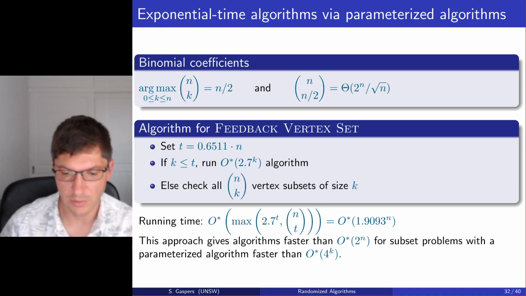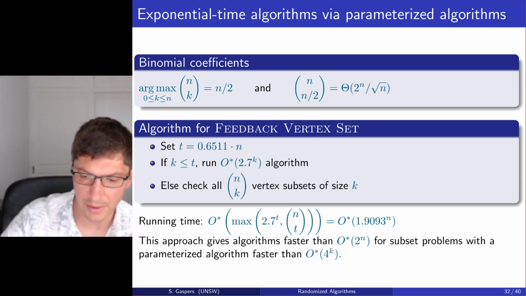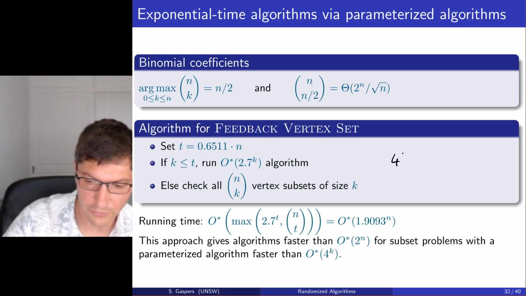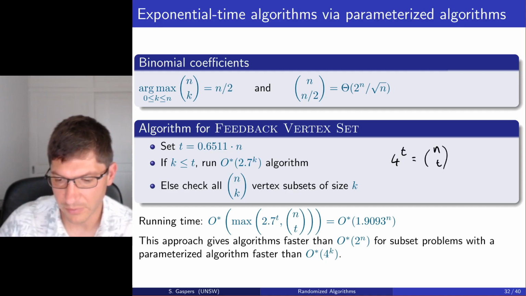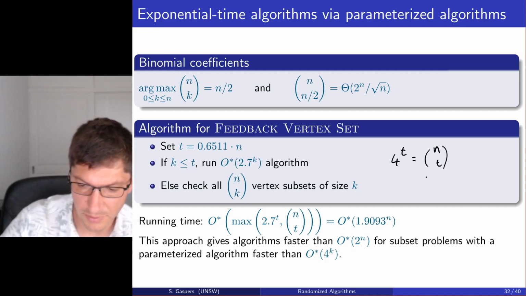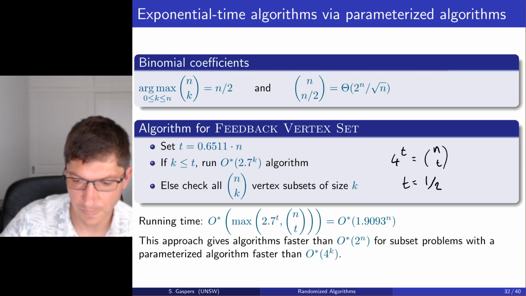Because indeed, once we are at 4 to the power k, we'll be solving 4 to the power t equal to n choose t. And so this would then solve to t equal to 1/2.